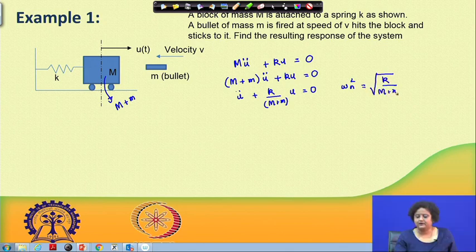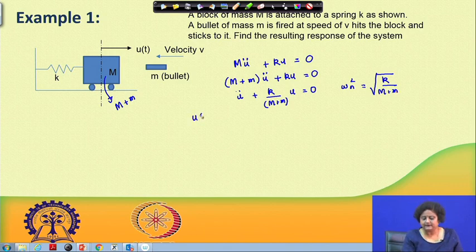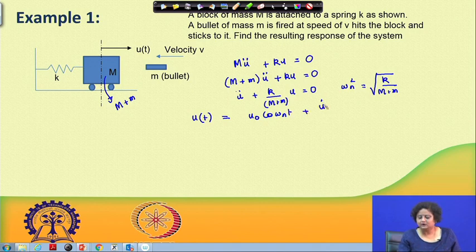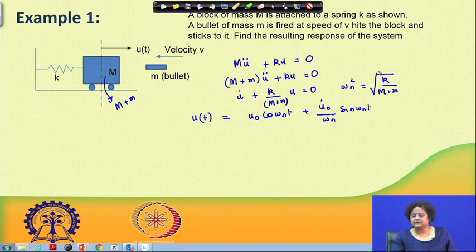So, the solution of this equation we have derived earlier is going to be u(t) equals u0 cos omega n t plus u dot 0 by omega n into sin omega n t, where omega n is nothing but square root of k by (M plus m).